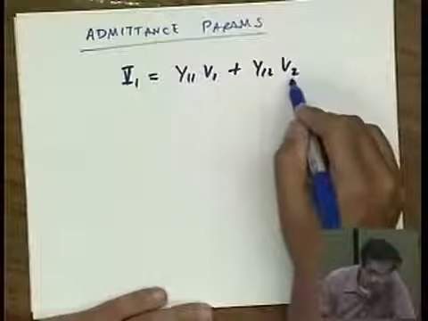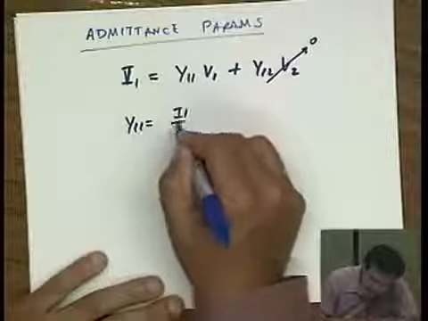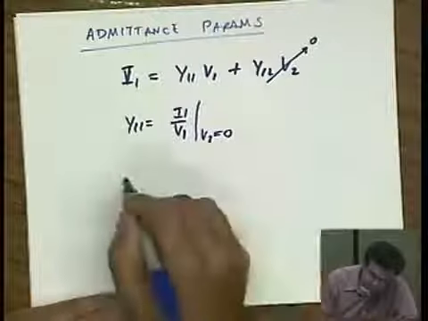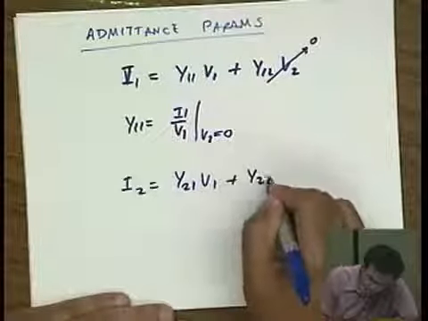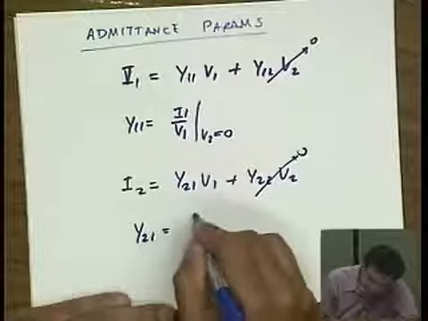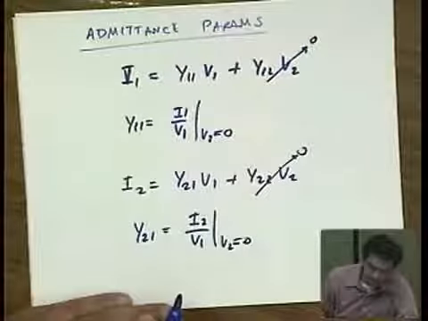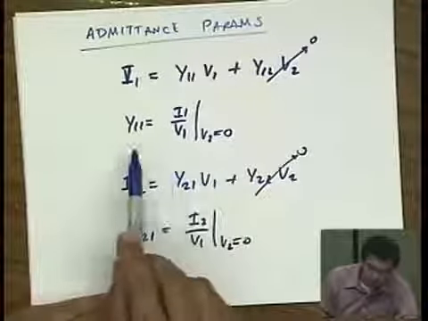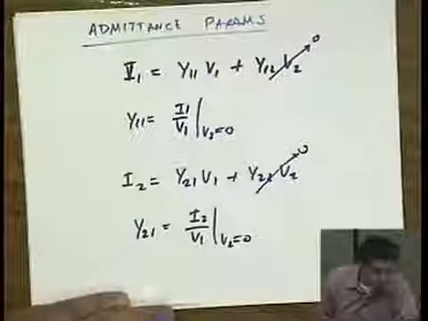And you notice that if I short circuit V2, if I set this equal to 0, then Y11 is simply I1 over V1 when V2 is equal to 0. Likewise, I2 is Y21 V1 plus Y22 V2. Again, I've shorted this out, so Y21 is I2 over V1 for V2 equals 0. And in the very identical way, by shorting port 1, I can calculate Y22 and Y12.